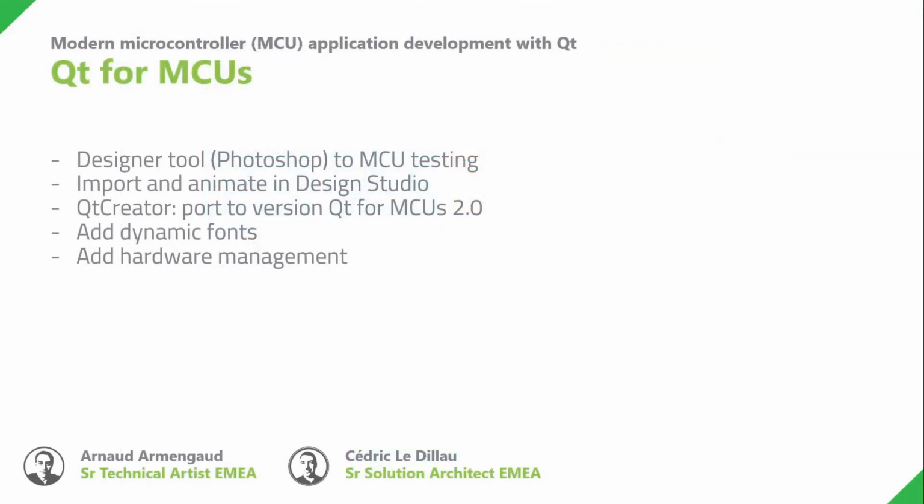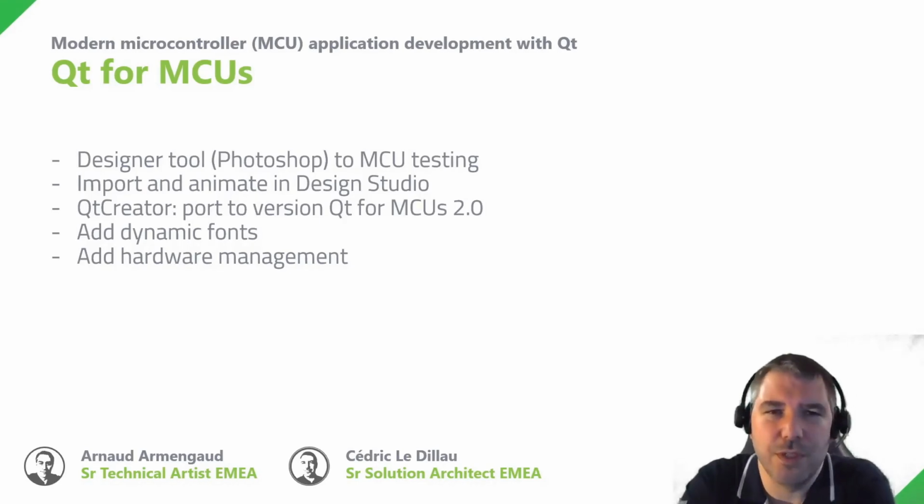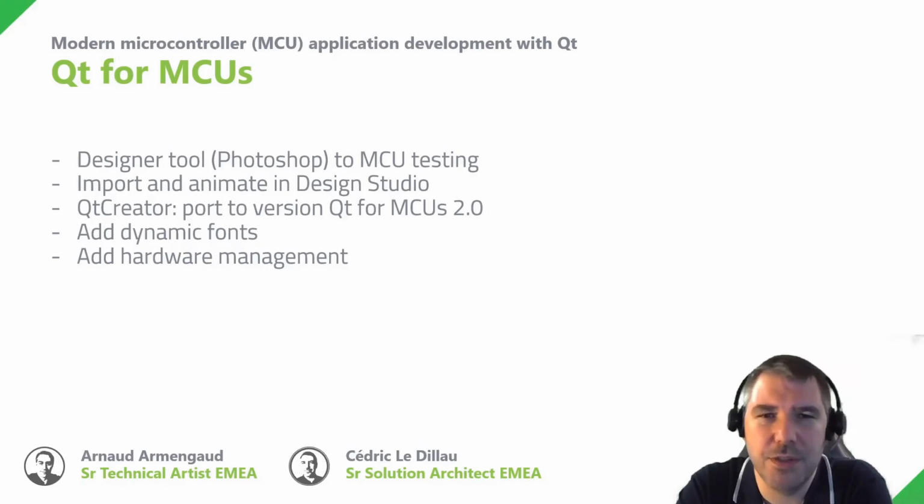So to wrap up the webinar, we have seen how the Qt tools are friendly with designers and how to export your project from Photoshop to Design Studio. Arnaud showed you how to import and animate your UI in Design Studio.